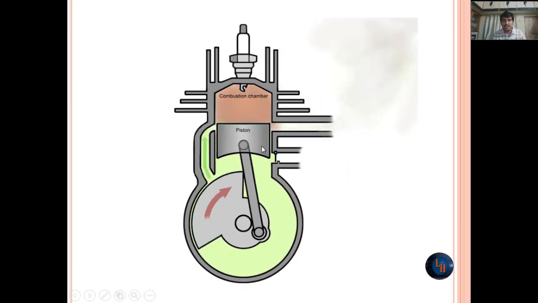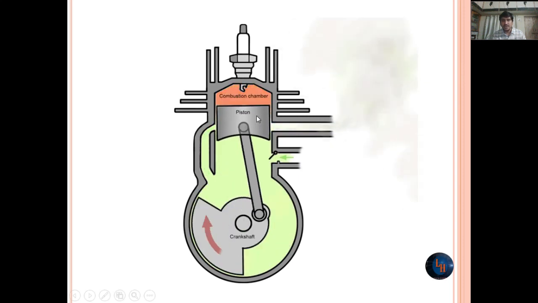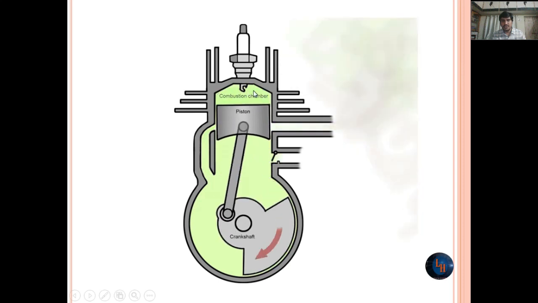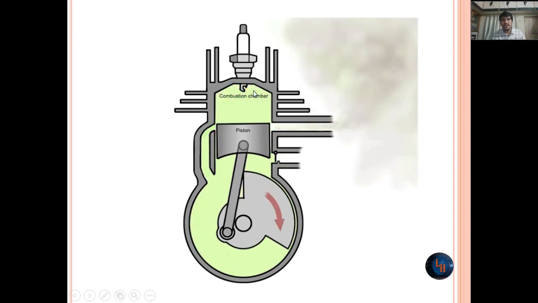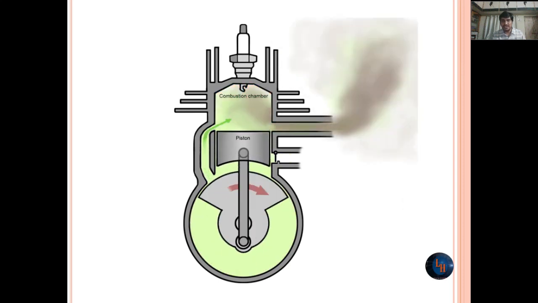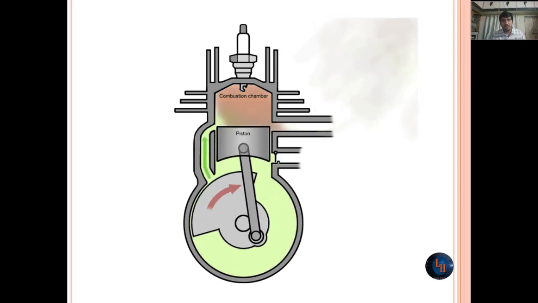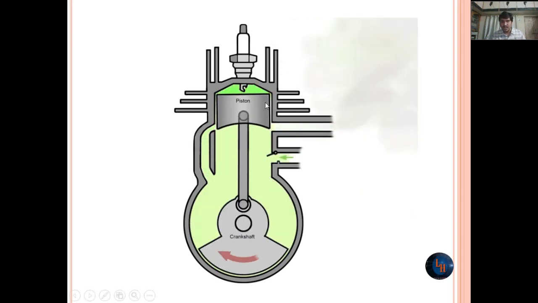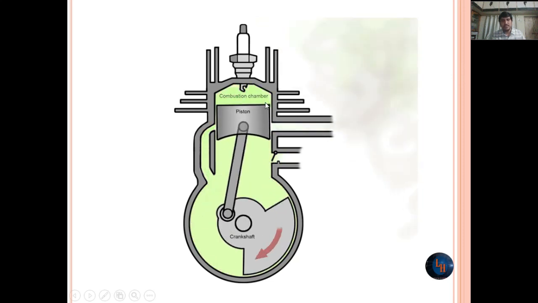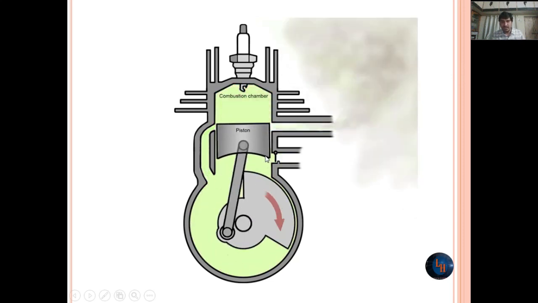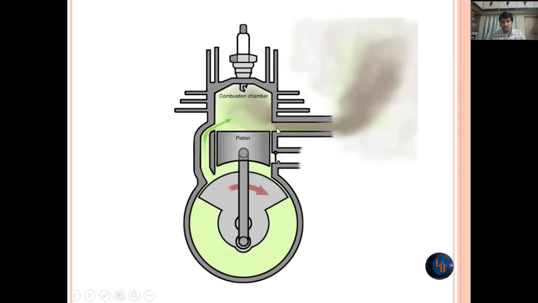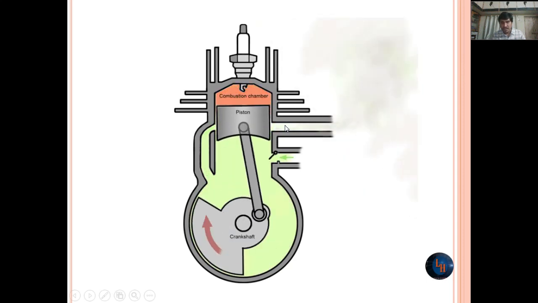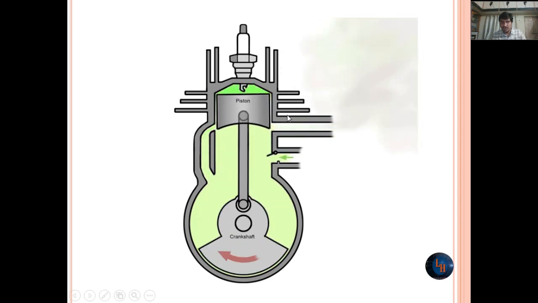Here we can see that at TDC the spark is generated and the compressed fresh charge is burned, and with this heat energy, force is generated to push the piston from TDC to BDC. When the piston moves from TDC to BDC, firstly the exhaust port opens and burnt gas moves into the atmosphere.